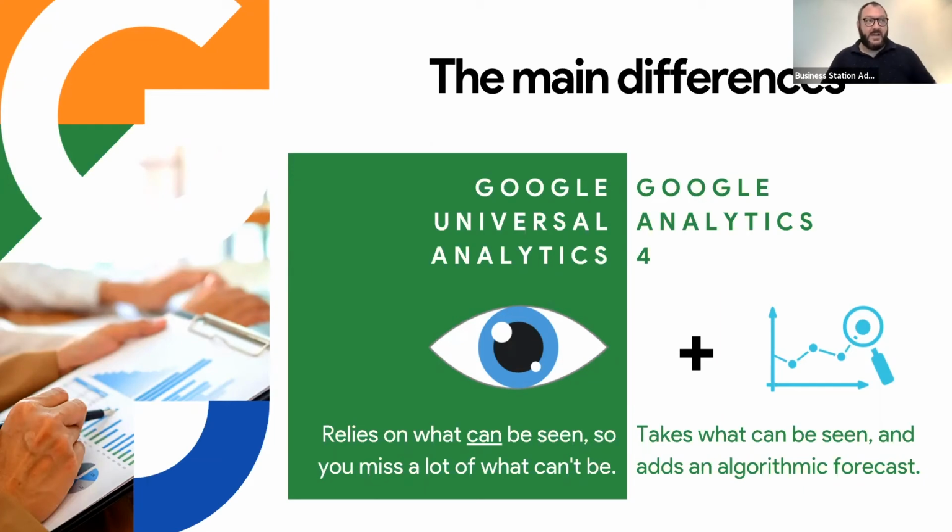So you're not getting that, yes, we can definitely say for sure that 3 people visited your website today. What it will say is, well, I was able to see 2 people, but based upon how your website usually goes, based upon all the patterns we know about the internet and you and everything that's going on around the world, we can say there was probably 3 that were there. So you can rely a bit more heavily on that. Remembering though, this is not a backward step from Universal Analytics.